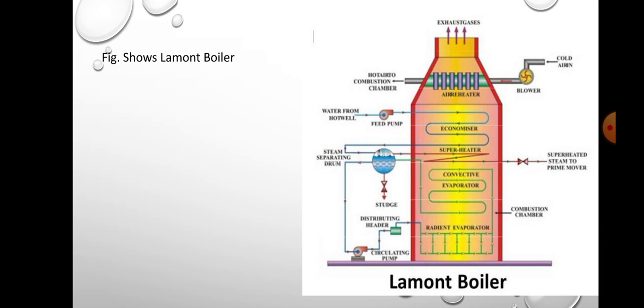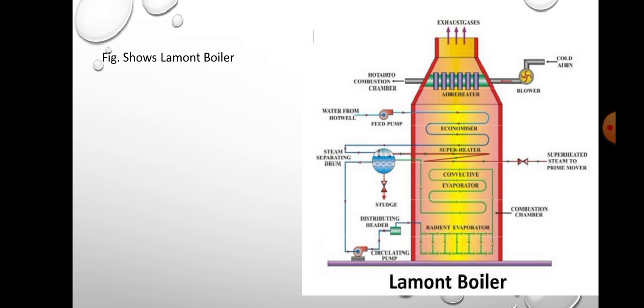The water is then supplied by the feed pump to the radiant evaporator, where the water is converted into radiant type saturated steam, and the convective evaporator converts it into mostly saturated steam.